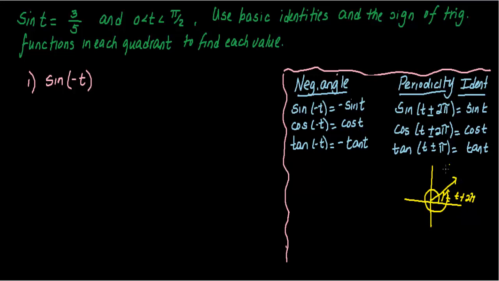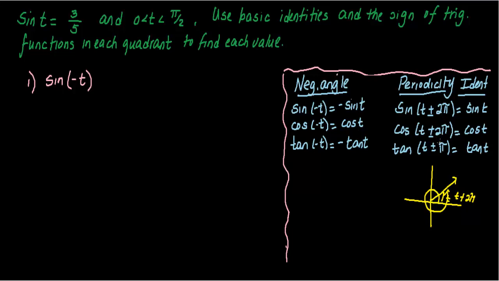So the original cosine is going to have the same exact value when I go around one turn. This also works for going around twice, 4 pi instead of 2 pi, or 6 pi or 8 pi, and I can add 2 pi or subtract 2 pi. So this works for any multiple of 2 pi.